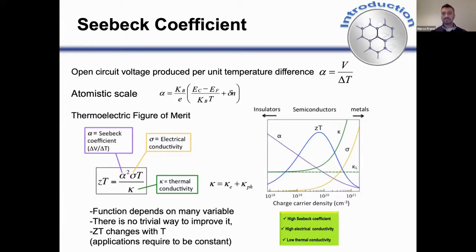Usually this is reached in the range of semiconductors, as this plot shows. One important parameter is to have a high Seebeck coefficient. And as I just mentioned, usually metal oxides show a low Seebeck coefficient.